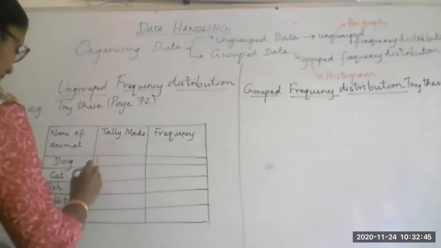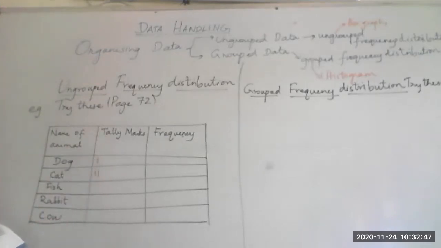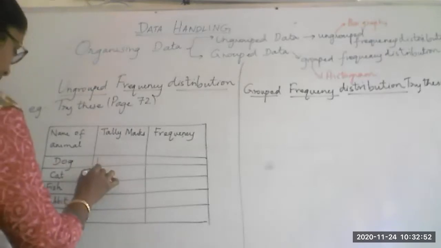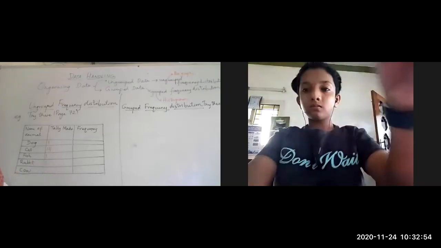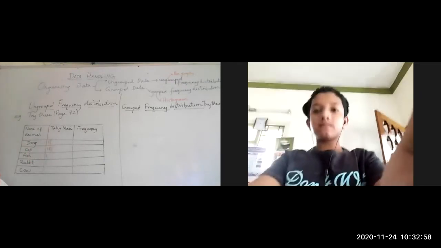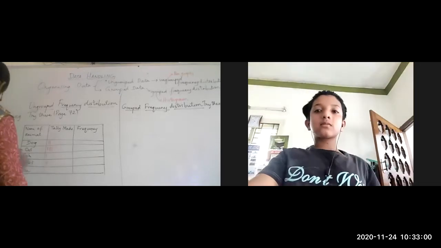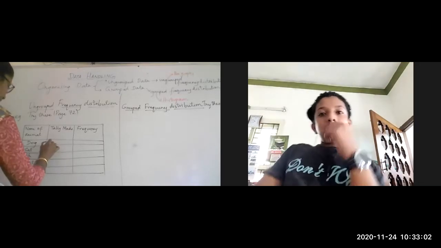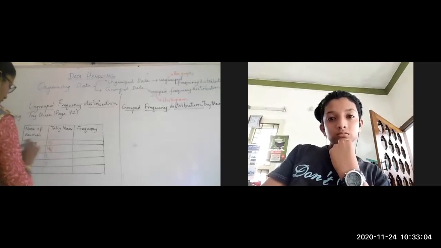Then cat. Again, it is a cat. Then fish. After the fish, it is a cat. Then rabbit. Then dog. Then it is a cat. Then rabbit. Then dog. Then cat. The 5th stroke will always be oblique.